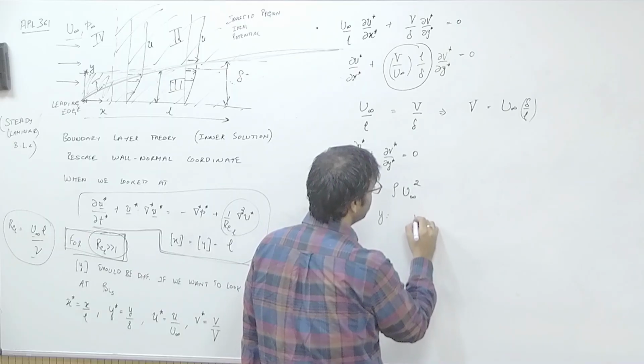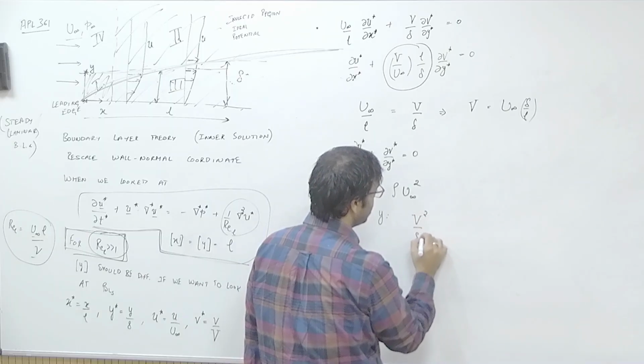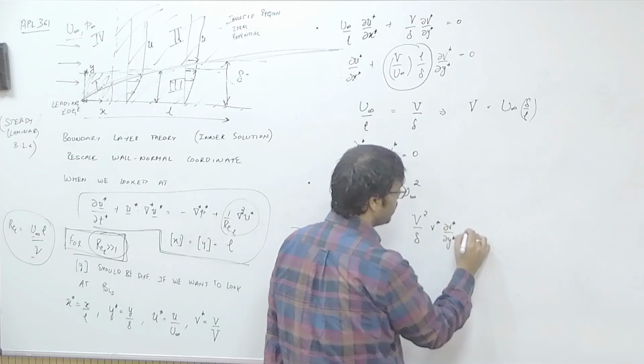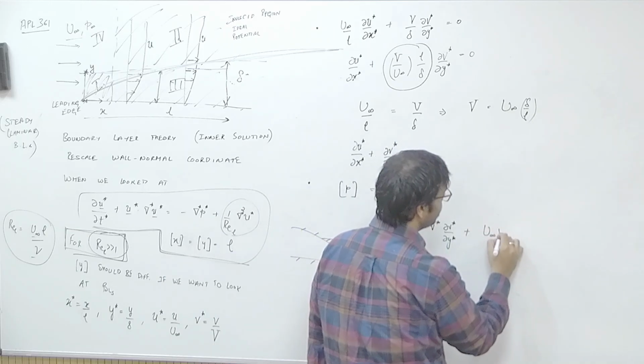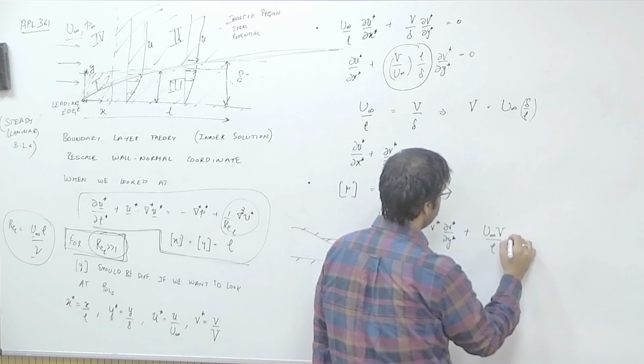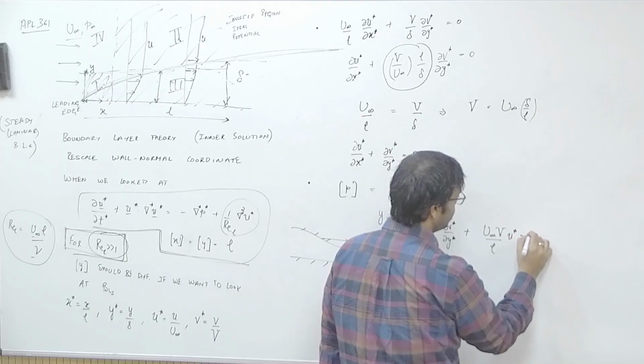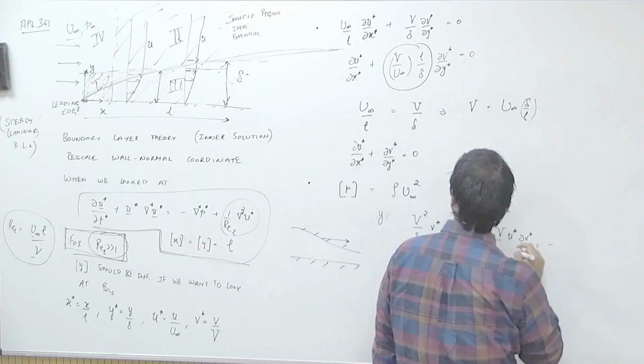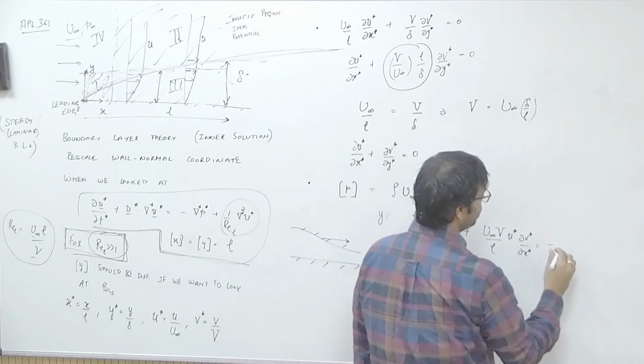So we will get V squared over delta, v star del v star by del y star, plus U infinity V over L, u star del v star over del x star, equals minus, so the pressure scale is rho U infinity squared.